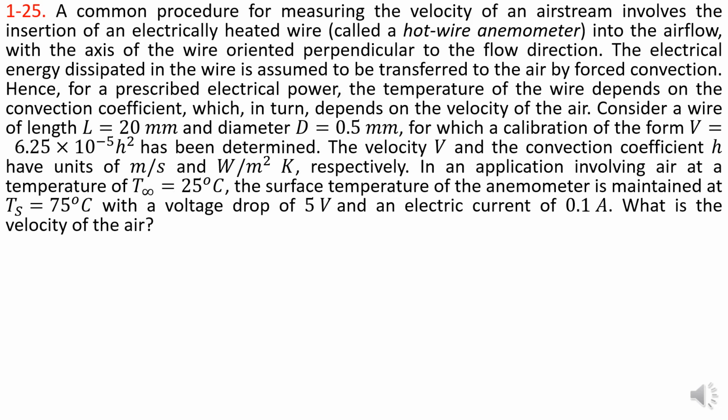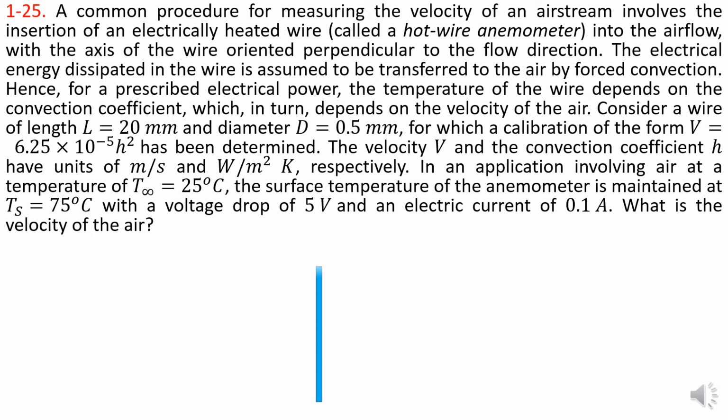In an application involving air at a temperature T infinity of 25 degrees centigrade, the surface temperature of the anemometer is maintained at Ts equal to 75 degrees centigrade with a voltage drop of 5 volt at an electric current of 0.1 ampere. What is the velocity of the air?